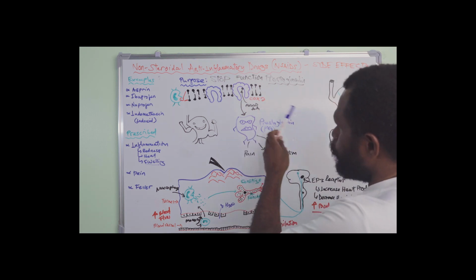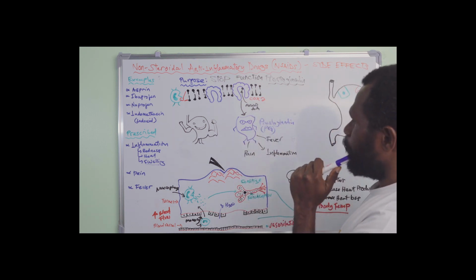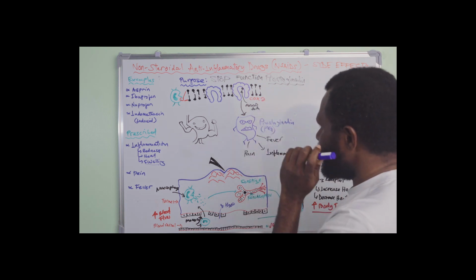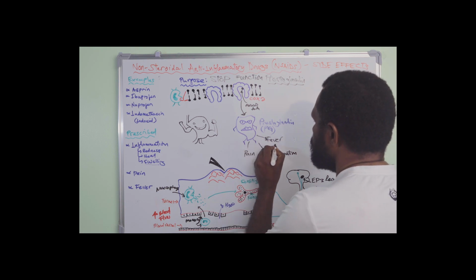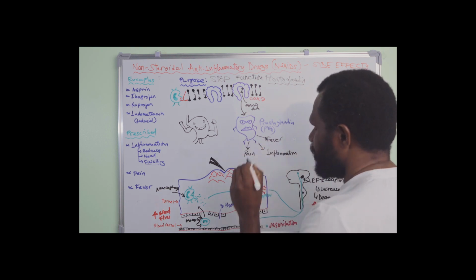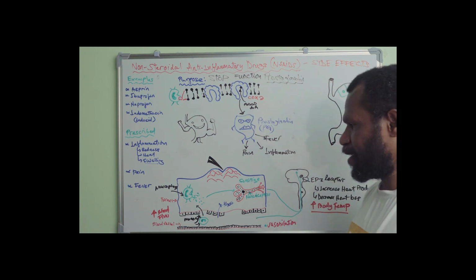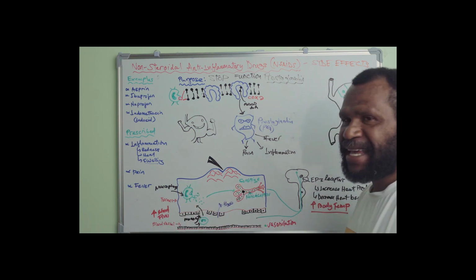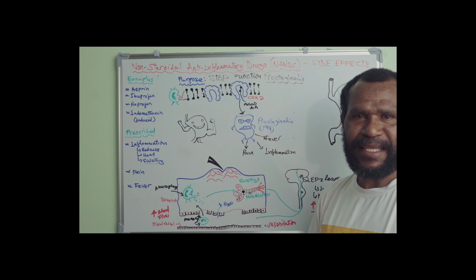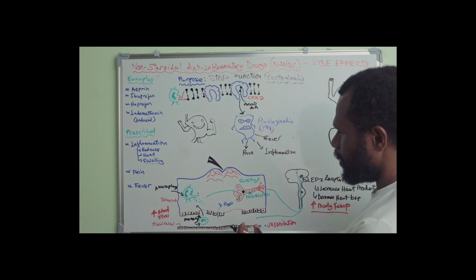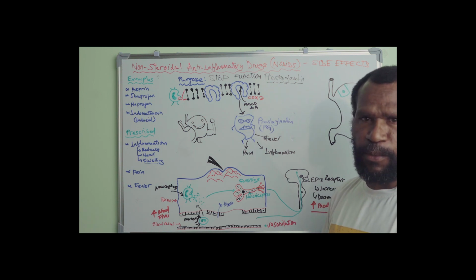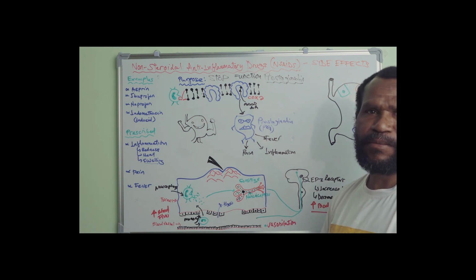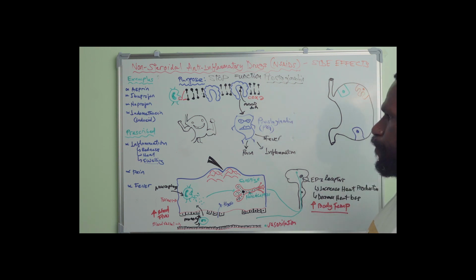So this prostaglandin produced by the COX-2 enzyme from arachidonic acid is responsible for fever, inflammation, and pain. Remember that inflammation is a good thing when it is acute, because it promotes healing of the damaged tissues. But when inflammation becomes chronic, then that is a problem.